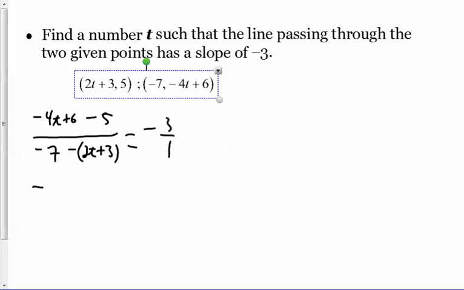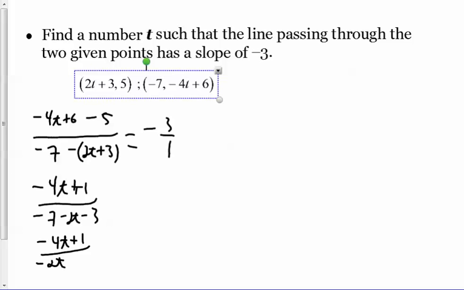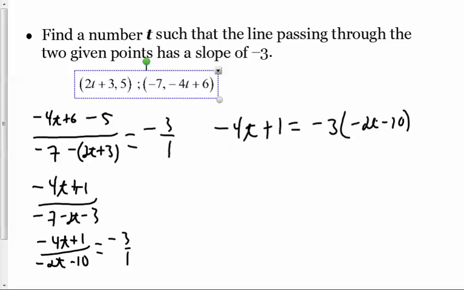Polish this up and you get negative 4t plus 1 over negative 7 minus 2t minus 3, so negative 4t plus 1 over negative 2t minus 10, equal to negative 3 over 1. Here you can cross multiply, so you get negative 4t plus 1 equals negative 3 times negative 2t minus 10, which is negative 4t plus 1 equals 6t plus 30.